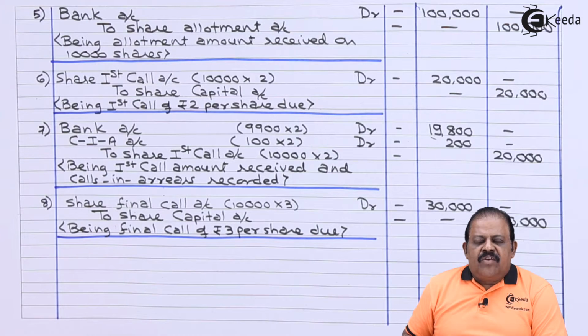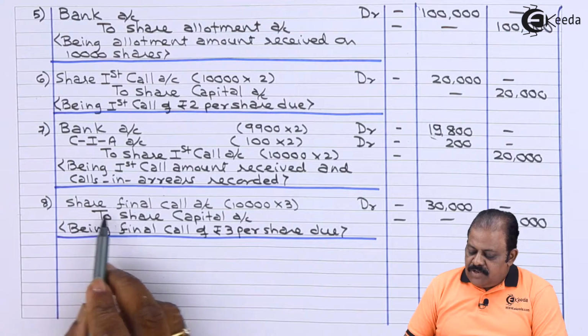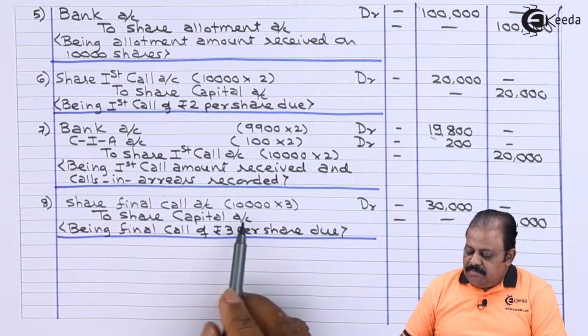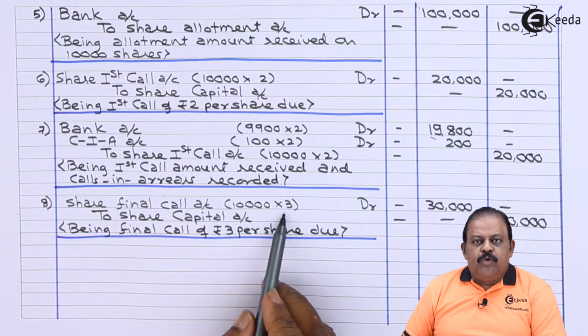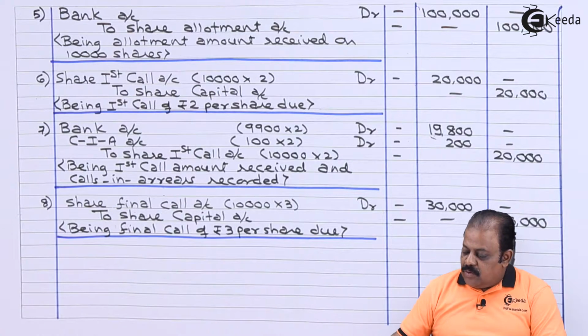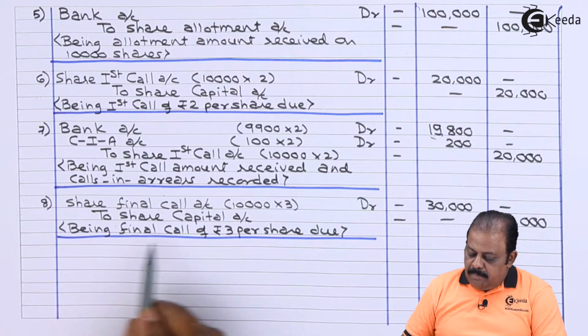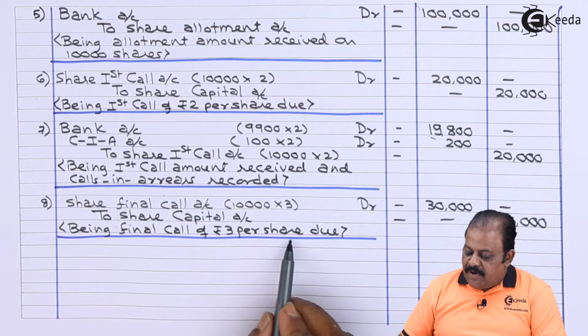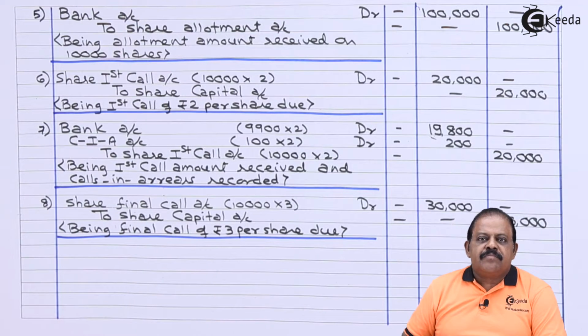Share final call account debit on 10,000 shares, 3 rupees per share, 30,000, to share capital account 30,000, being final call of rupees 3 per share due.